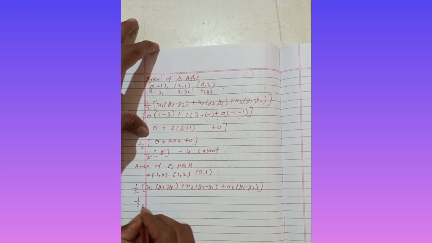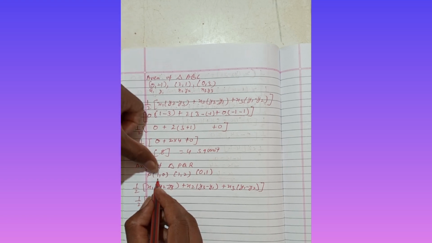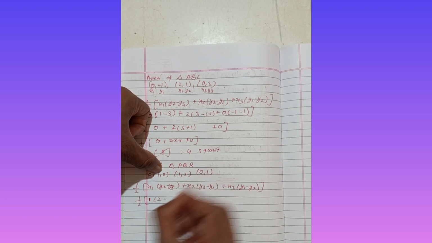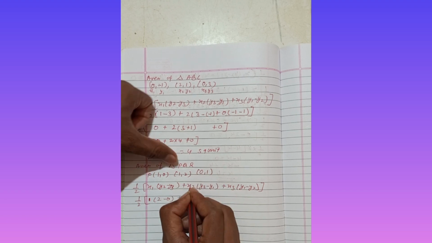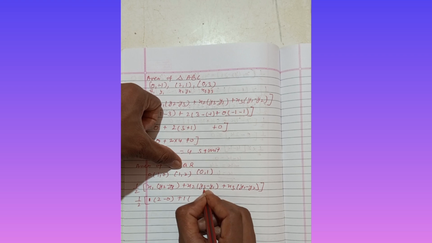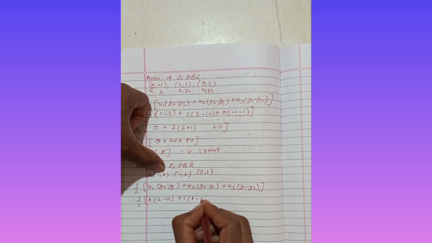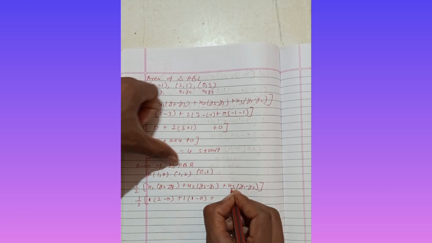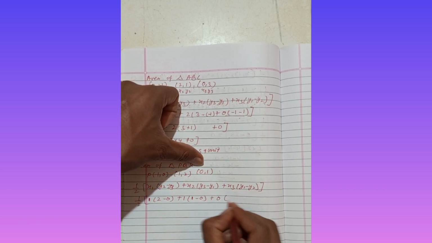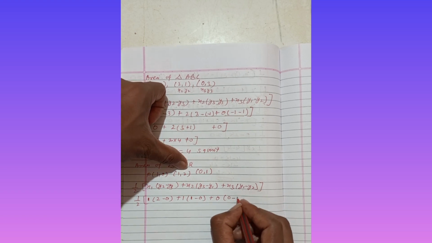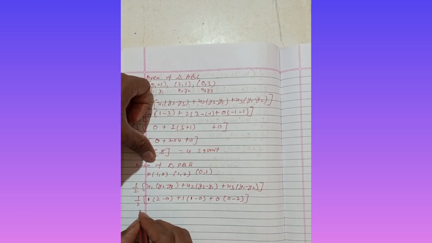Now we are substituting. x1 value is 1 into y2 is 2 minus y3 is 0, plus x2 value is 1 into y3 value 1 minus y1 value 0, plus x3 value is 0 into y1 value 0 minus y2 value 2, bracket close.